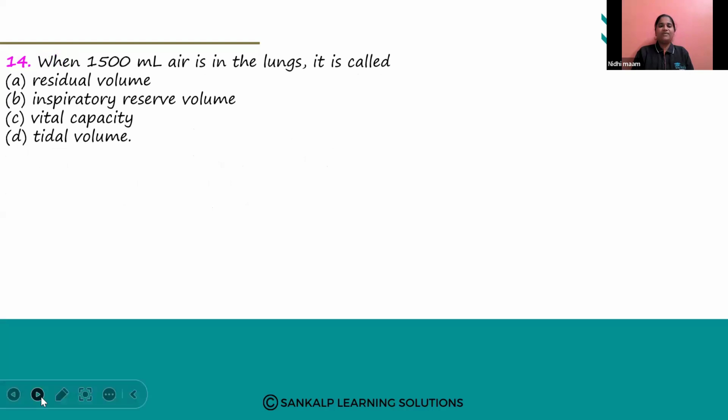Next question. When 1500 ml air is in the lungs, it is called. ಯಾವಾಗ 1500 ml air ನಮ್ಮ lungs ಅಲ್ಲಿ ಇದ್ರೆ ಅದಕ್ಕೆ ನಾವೇನಂತ ಕರಿತೇವೆ? Residual volume, inspiratory reserve volume, vital capacity, tidal volume. What is it called as?